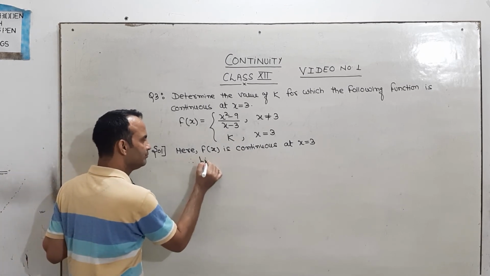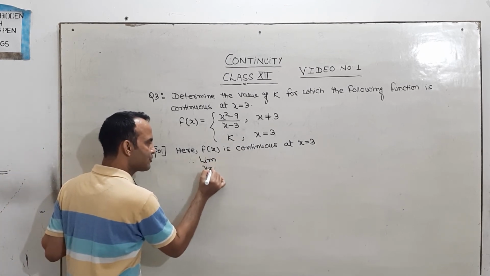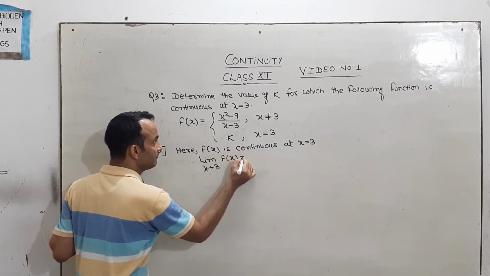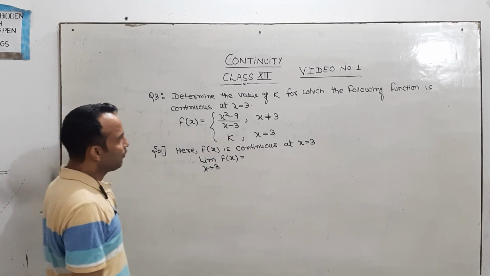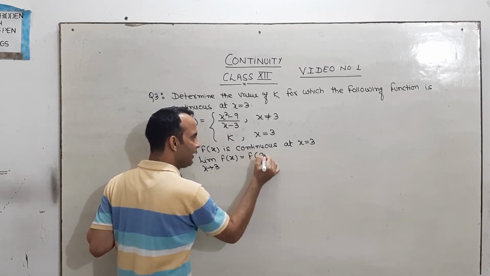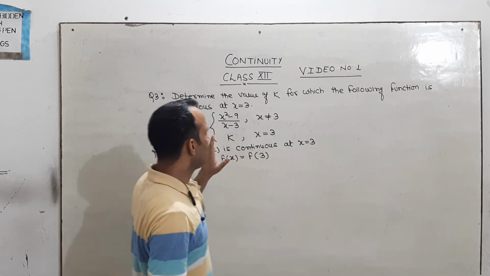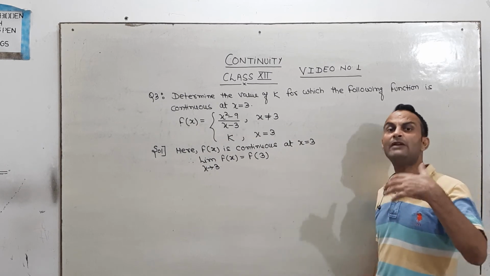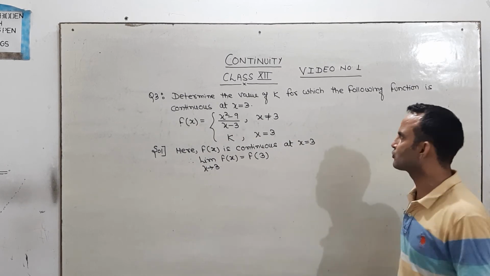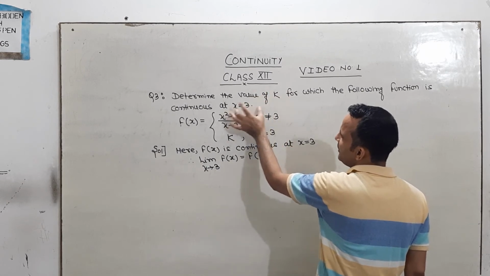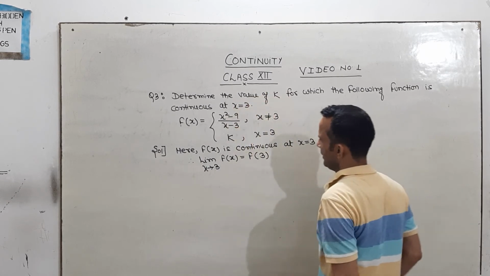Therefore, limit x tends to 3 of f(x) is equal to what? f(a). We have already discussed in the previous video or in the previous questions that the given function is continuous at x is equal to 3, means here 3 acts as a.